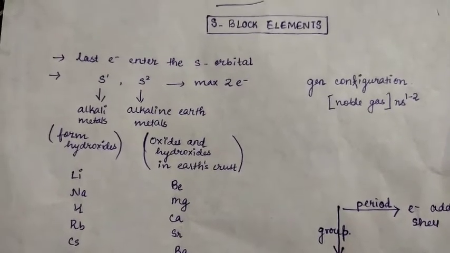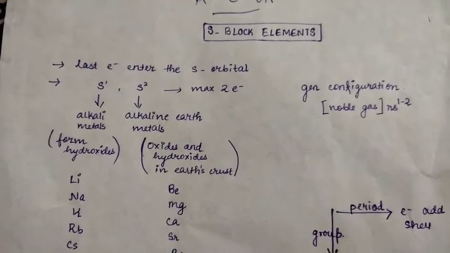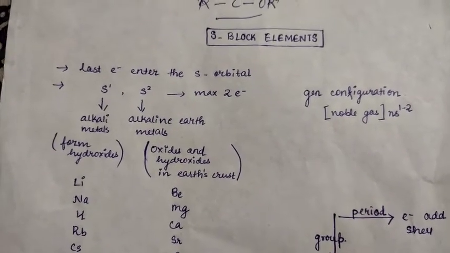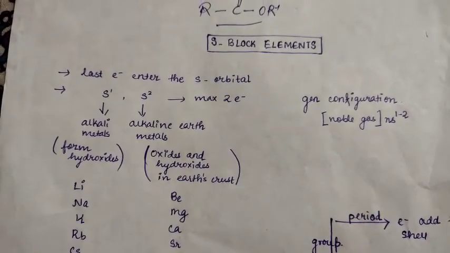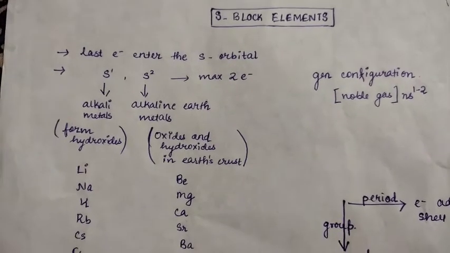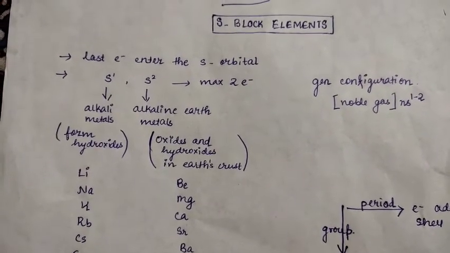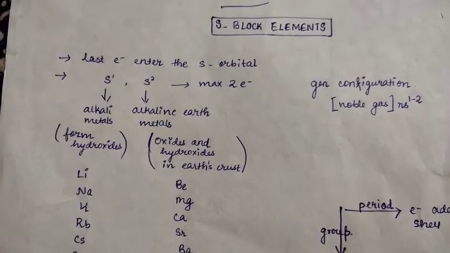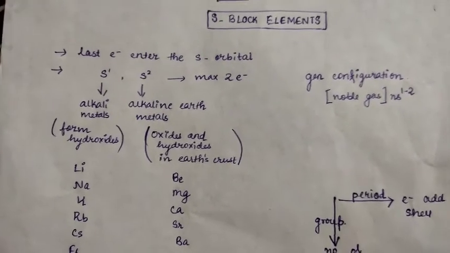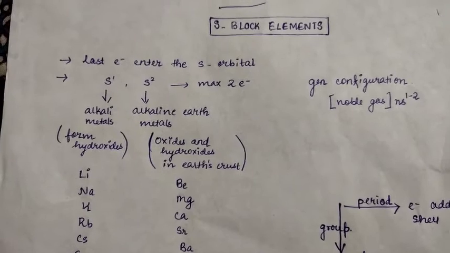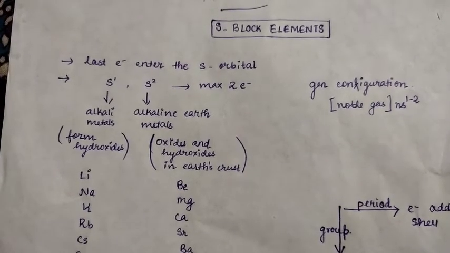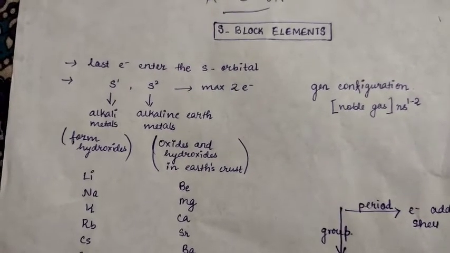Like for sodium, what is the atomic number? It's 11, right? And the configuration is 1s2, 2s2, 2p6 and 3s1, right? So the last electron, the one electron that is left, is entering the S subshell, right?